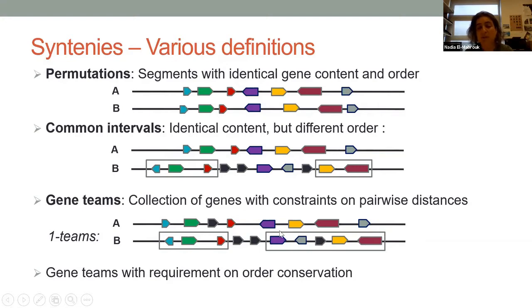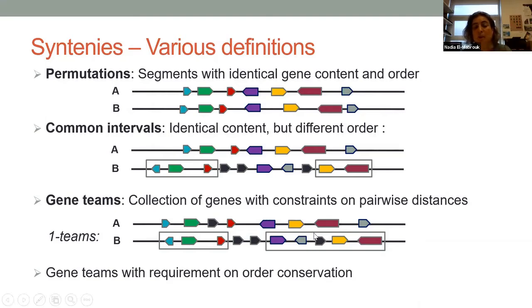For example, this region here is a gene team. The purple, gray, yellow and red genes here are present in the two genomes, and the distance between two genes of the set is not larger than 1 gene.